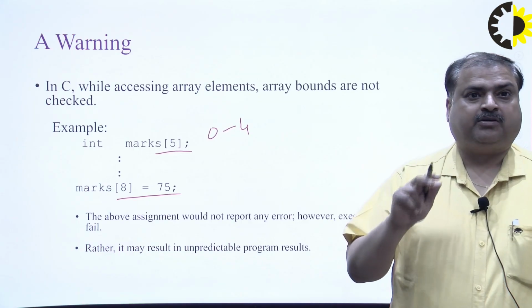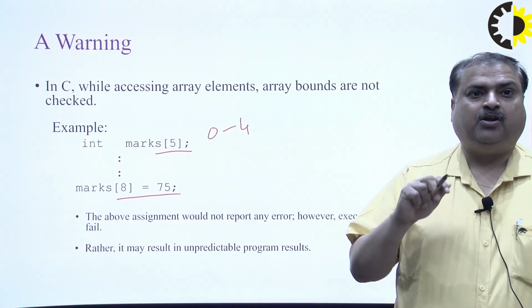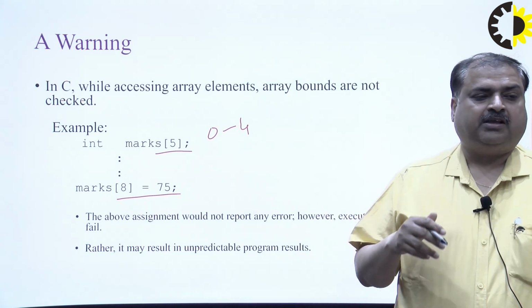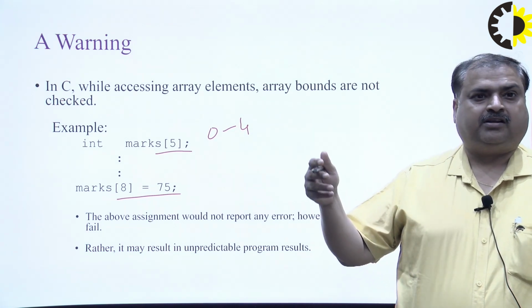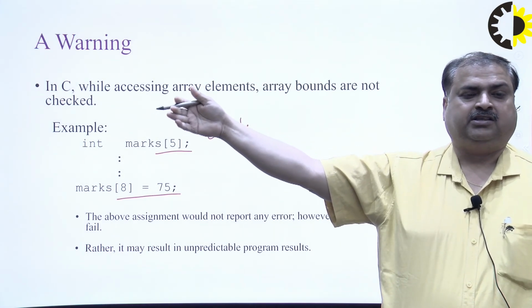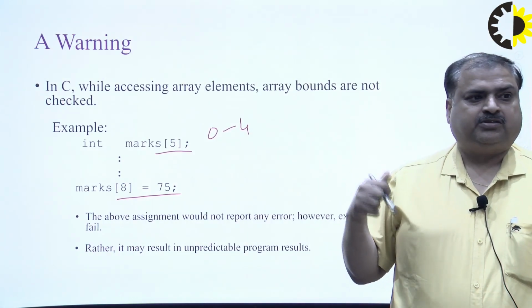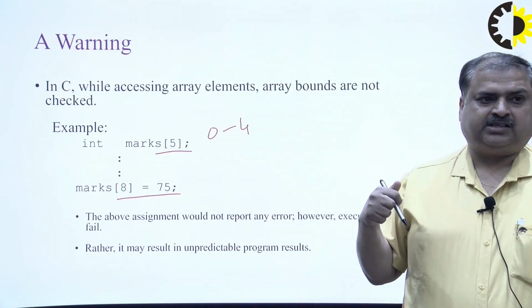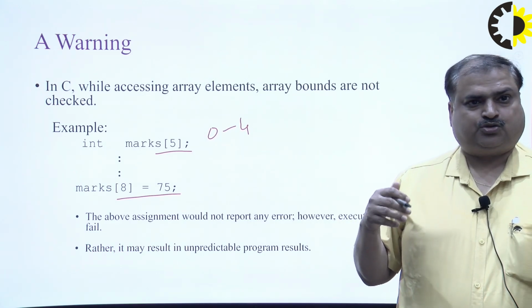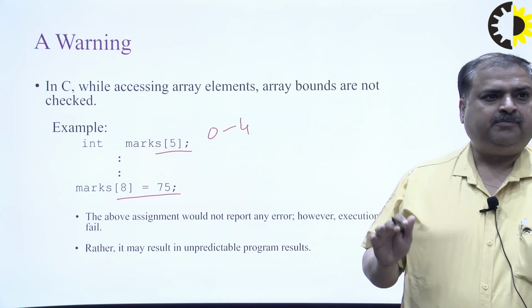That will not give any error while compiling the program. It will be a logical kind of error because I do not know where this 8th element is stored. Maybe that location is given to some other variable, which will change its value. So, such kind of assignment should not be used. It will not give an error, but it should not be used.